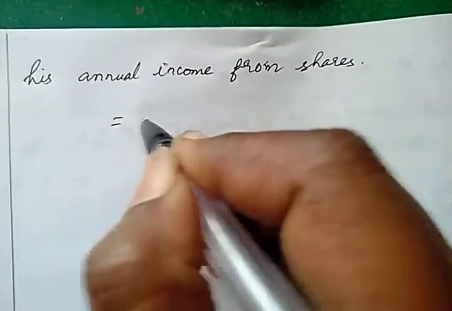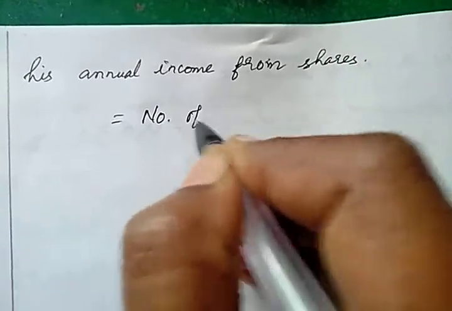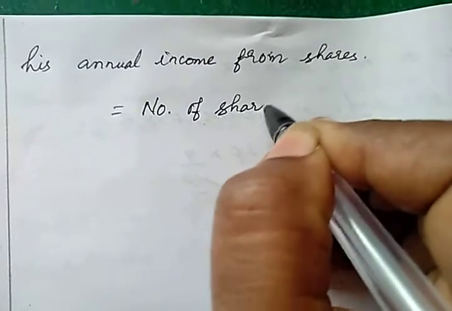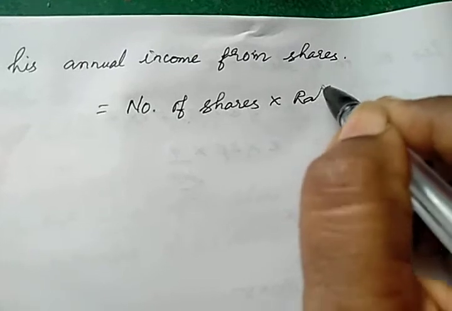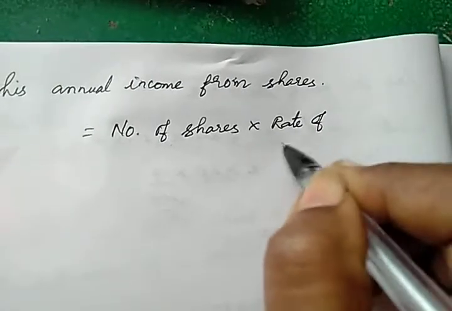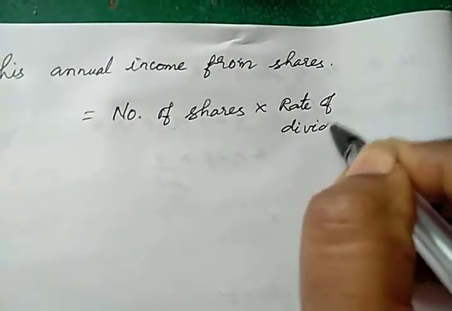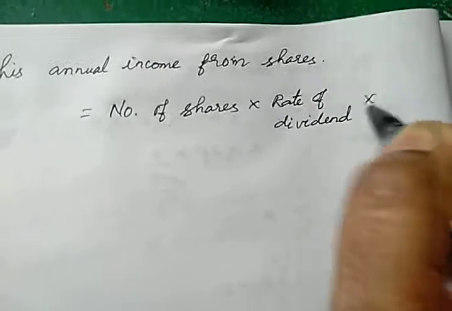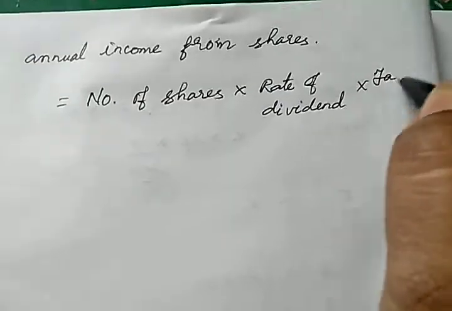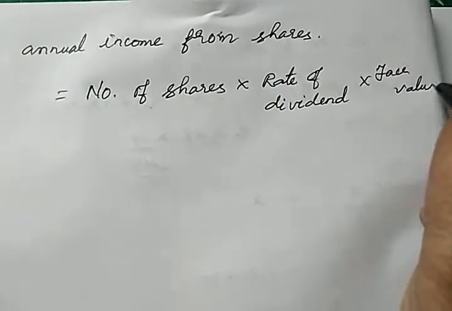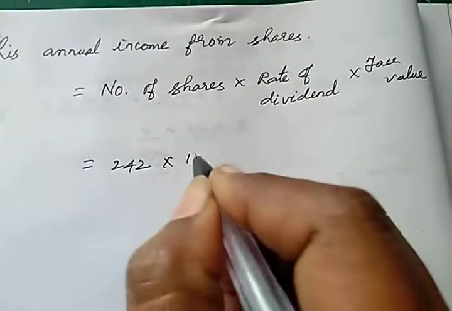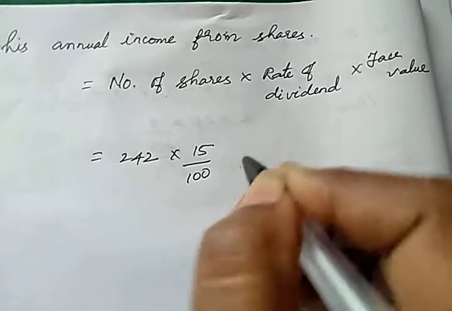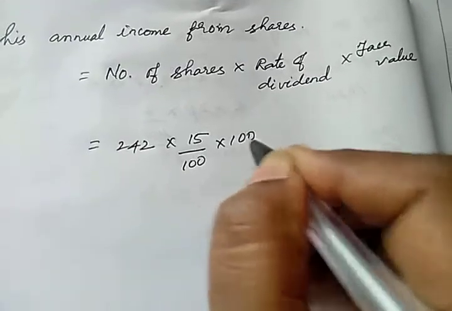The formula will be number of shares into rate of dividend into face value. Number of shares is 242. Rate of dividend is 15 divided by 100, into the face value, which is 100.